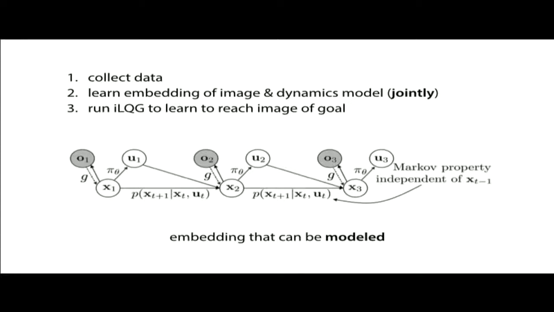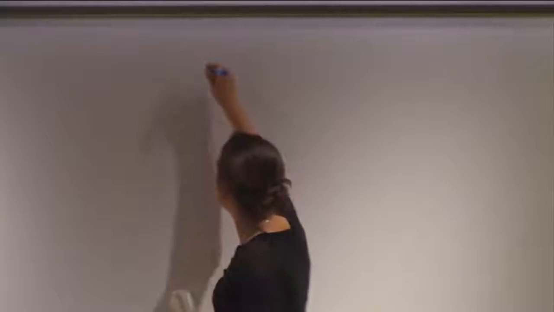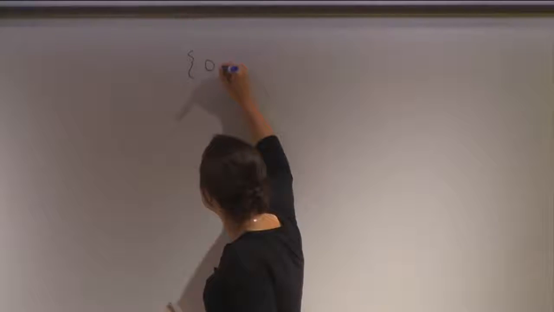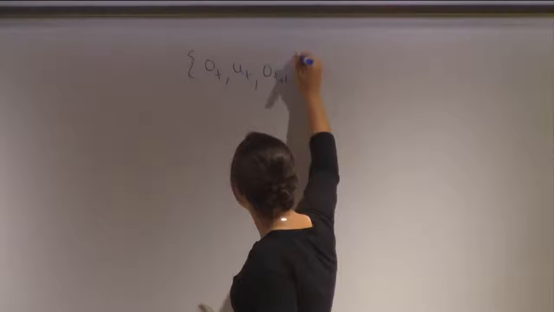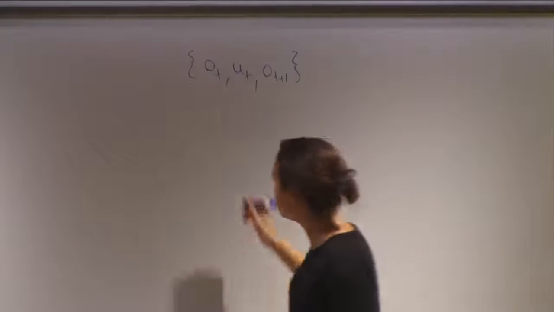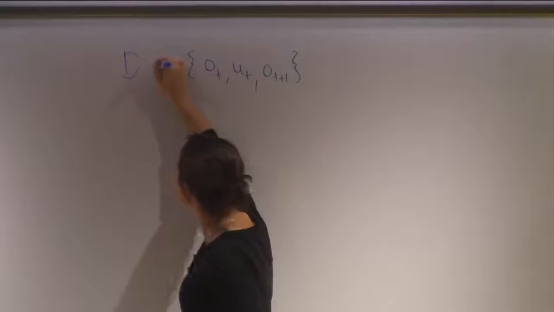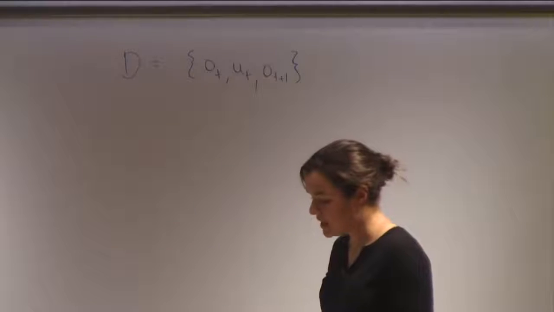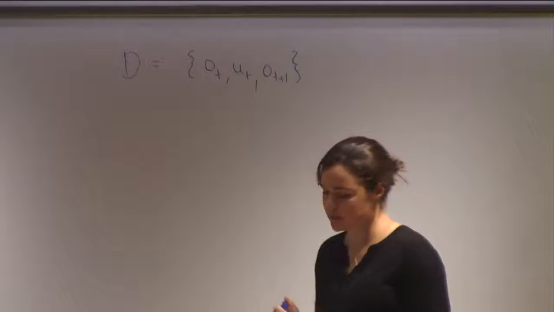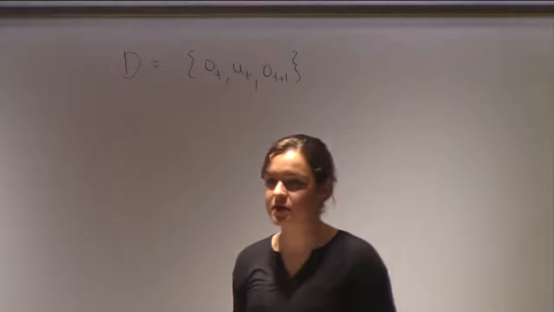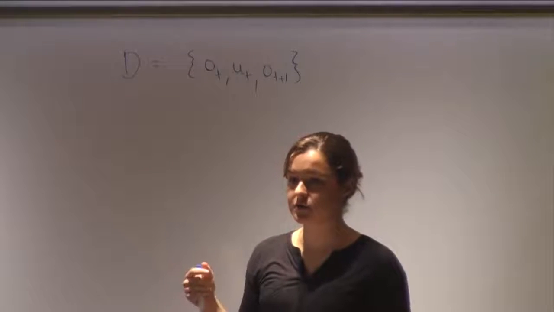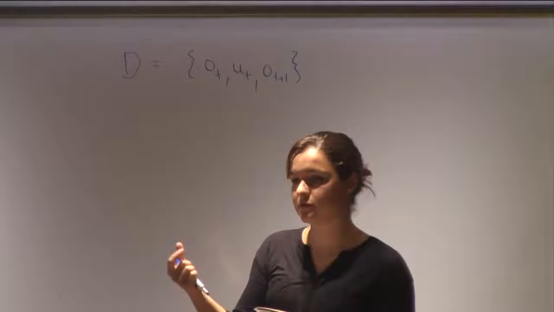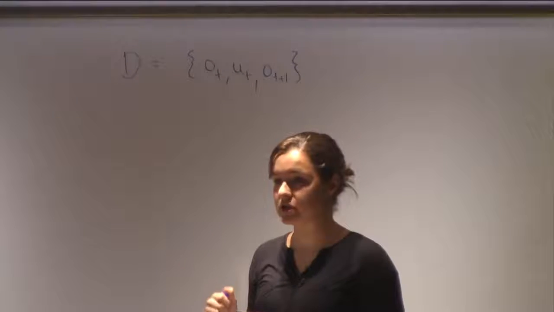So the way they do this is they consider a data set, again, of triplets of o_t, u_t, and o_{t+1}. And they'll call this their data set D. They're going to train something that looks a lot like a variational autoencoder, except it's not just going to be on the observations O. It's also going to be on the triplet of an observation, an action, and an observation.